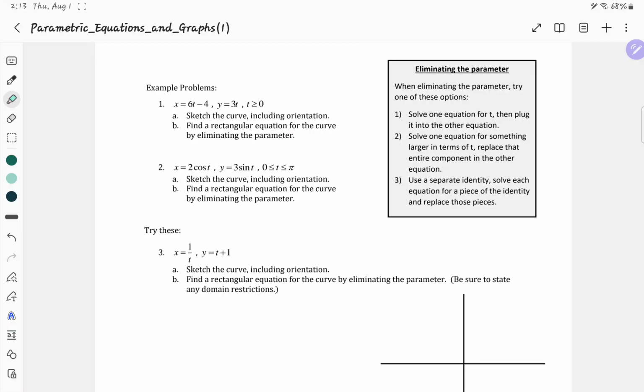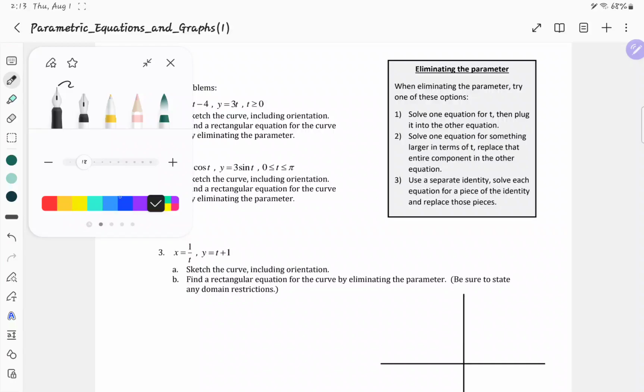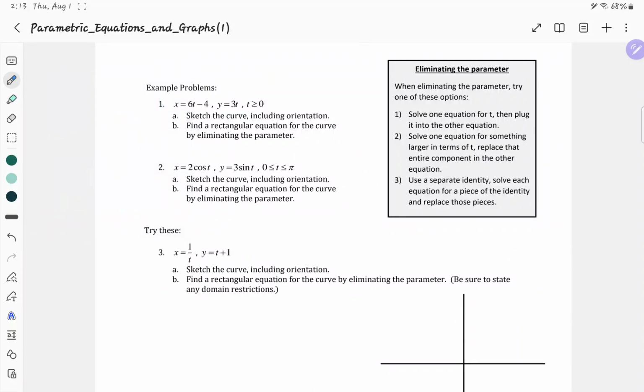I should say before we get started with that, there's basically 3 different ways that you're going to go through some of these. First one, right here, is solving one equation for t and then just plugging it back into the other equation. If you can do that, that is usually a fairly easy way to go. This first one will be like that. Sometimes though, you can solve for something a little larger in terms of t.